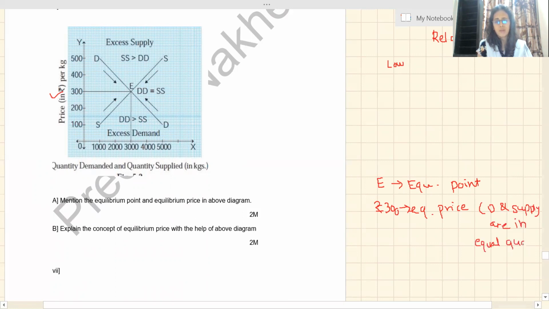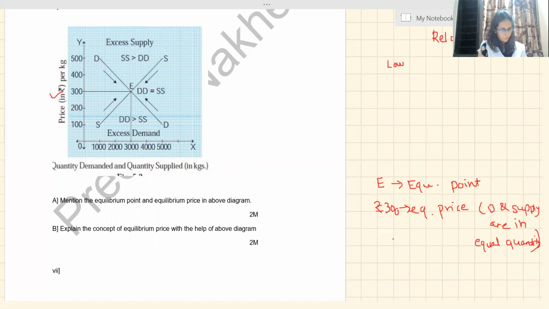Okay, you can write about equilibrium price, whatever you know about equilibrium price. Then explain the concept of equilibrium price with the help of the above diagram. Now you can see in the textbook, we can write about the equilibrium price and the concept.